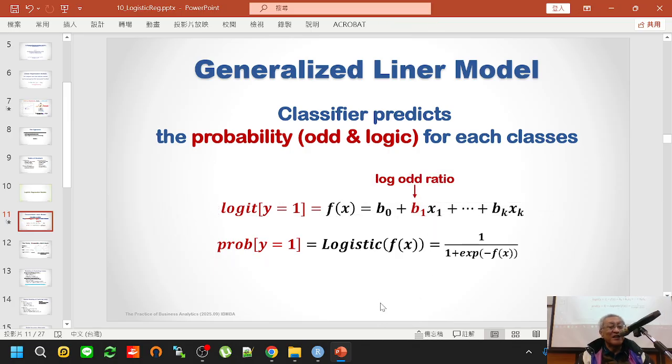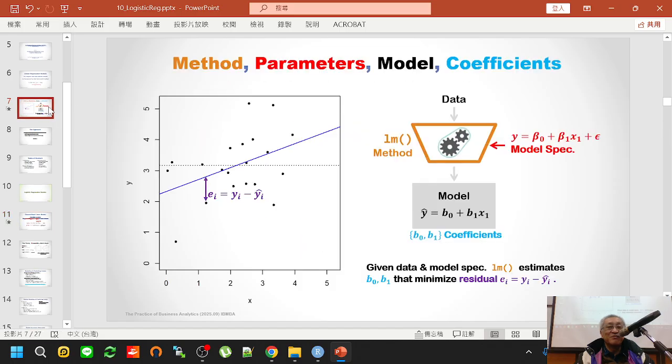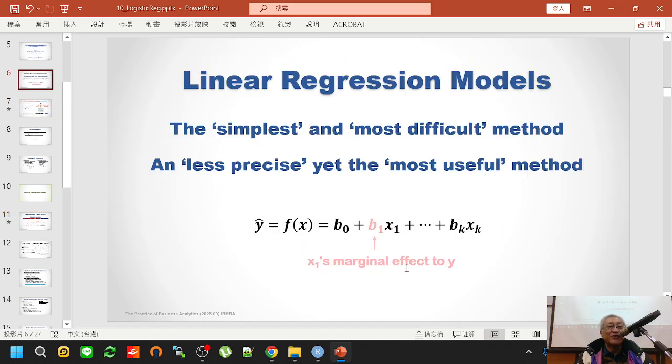Comparing to linear regression, which is very straightforward, the coefficient is the marginal effect of x to y, and it's incremental. If x1 increases by 1, you just add b1 to the estimation value of y.